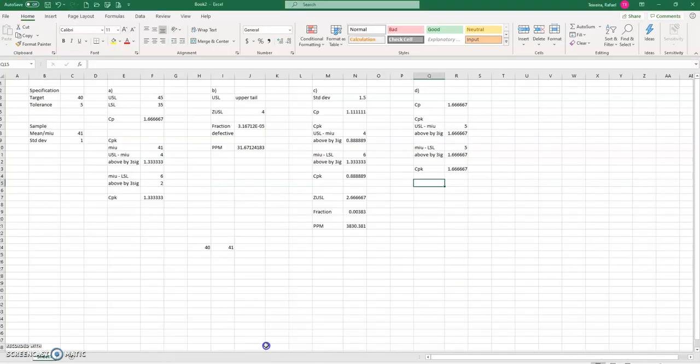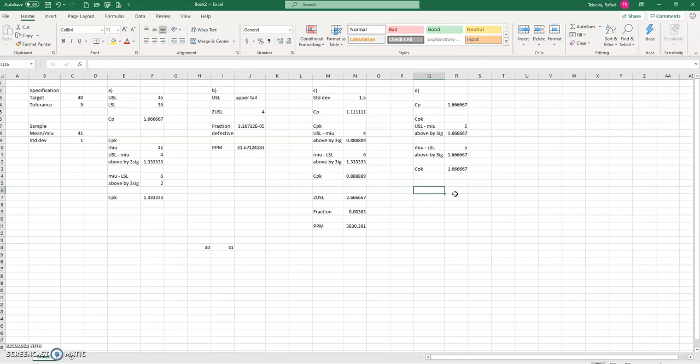Let's work on that. As I told you, because the process is centered, remember it's centered because the process is now filling up boxes with 40 ounces and not with 41 ounces anymore. So now everything is in place with the correct standard deviation.